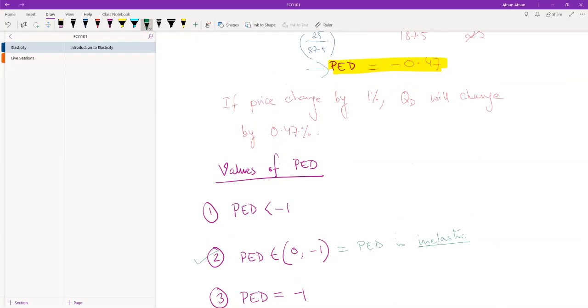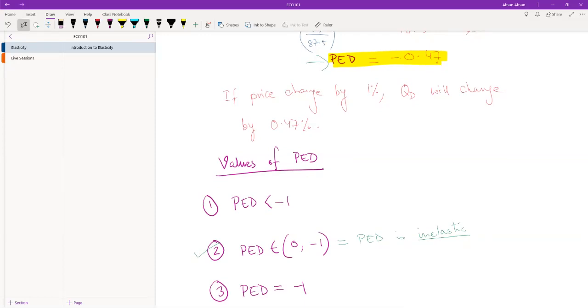And what that means is that a 1% change in price is going to lead to a less than 1% change in quantity demanded. So quantity demanded is not very responsive to a change in price.